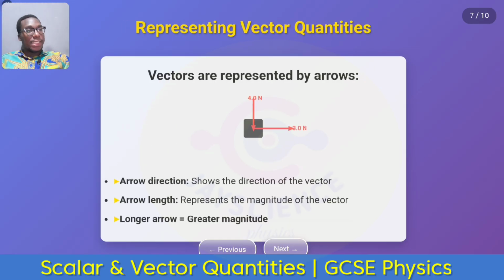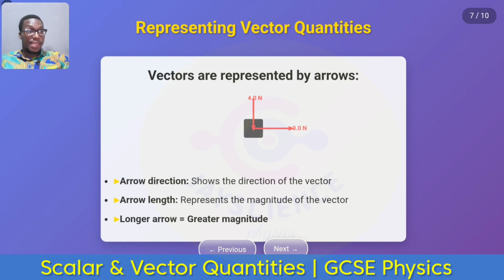Now, for the arrows we use in representing vectors, there are a few rules you have to keep in mind. The first rule is the direction of your arrow shows the direction of your vector, and the length of your arrow shows the size of your vector.